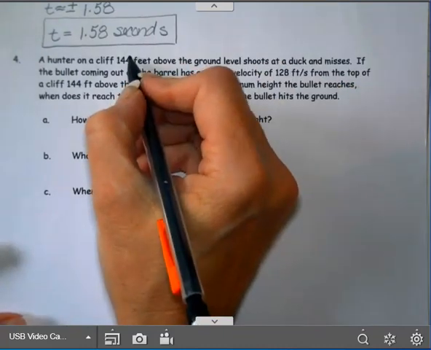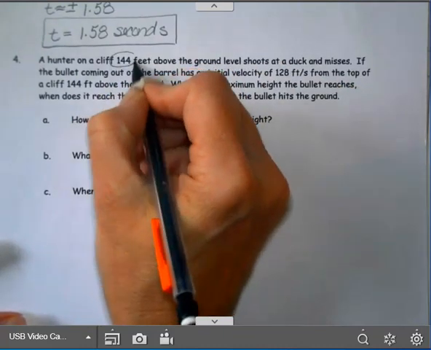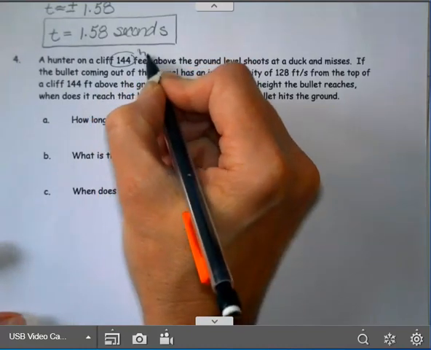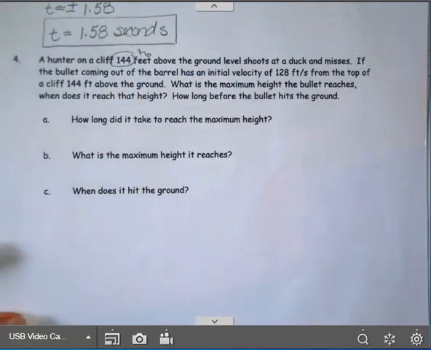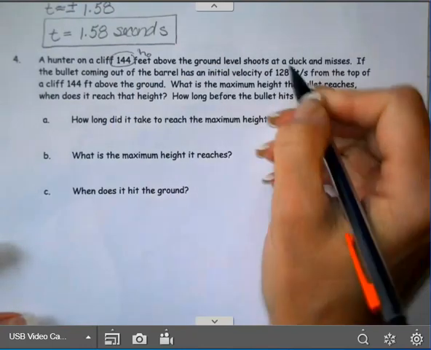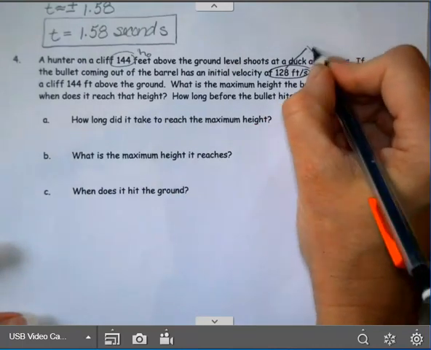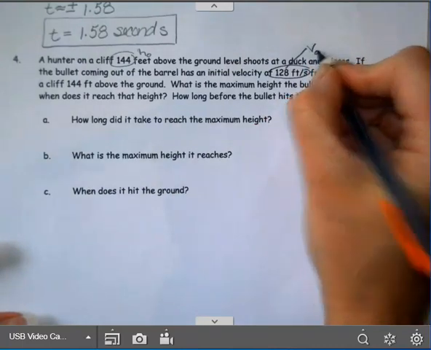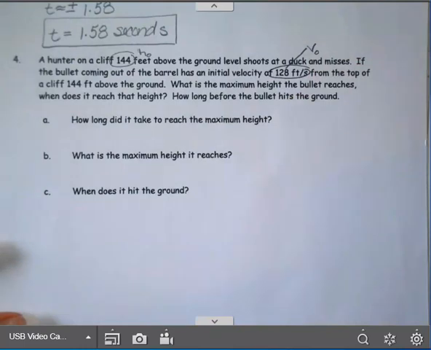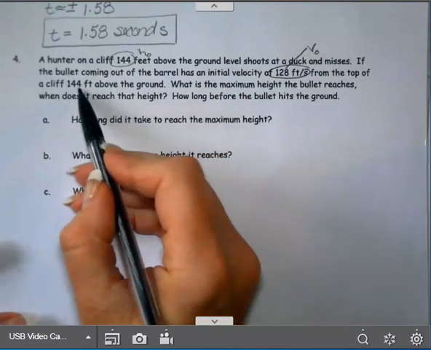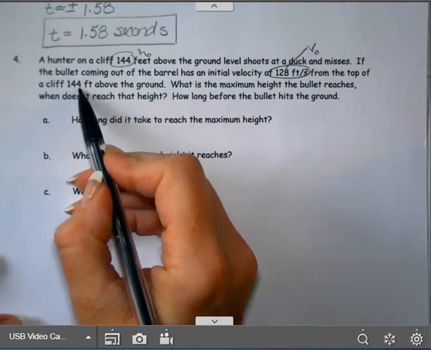First thing that they give us is our initial height here. So that's h sub 0, or h naught. And they give us our initial velocity here. So that's my v naught. So time 0, that's our initial velocity. And again, they gave us the height again. We already knew that.